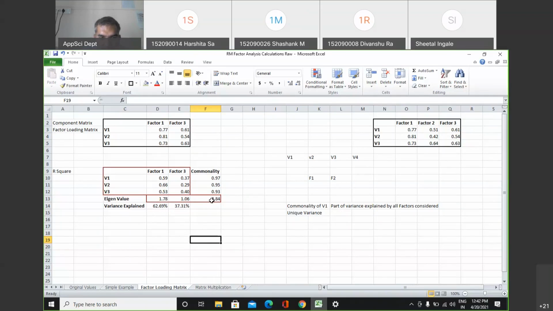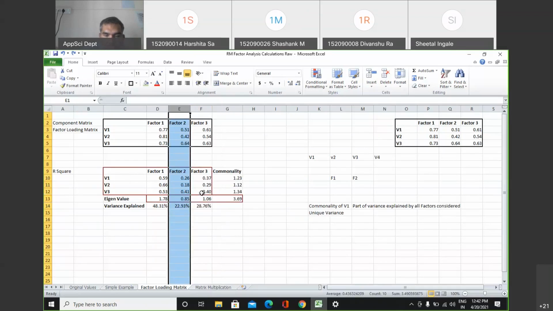This is the total. Commonality, as you see, has decreased. As we removed factor 2, all the variation in V1 is not explained. 0.3% variation is not explained. Earlier, this much was explained.